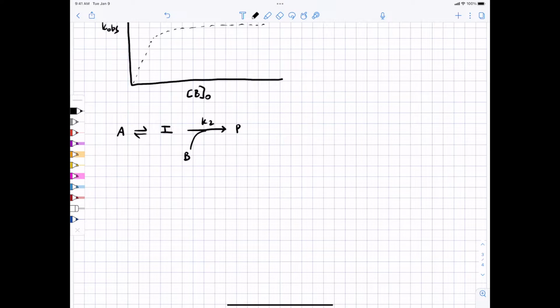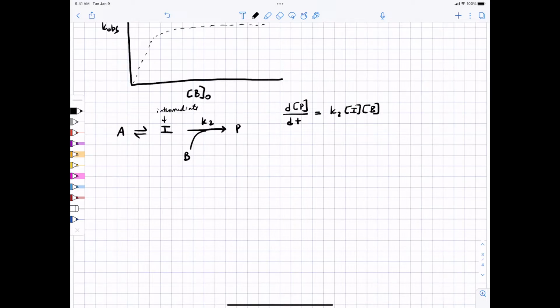All right, and we'll start writing the rate law by saying that the rate of product appearance, dP dt, equals k2 times the concentration of I times the concentration of B, where I is a high energy intermediate.